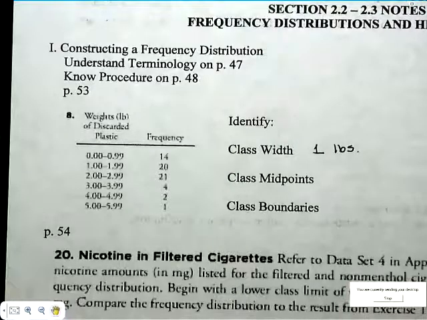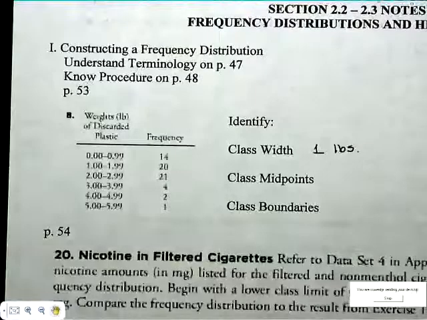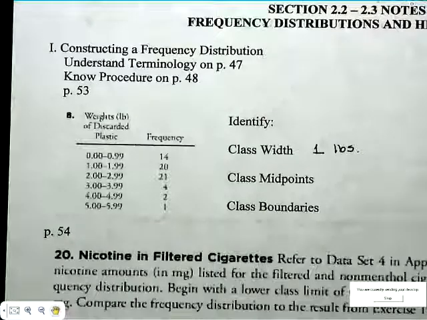Class midpoints, how many classes do I have here? 6, so how many class midpoints? 6, because each class has a midpoint. There's something exactly halfway between 0.00 and 0.99. Something exactly halfway between 1.00 and 1.99. How do you find the class midpoint of this first class? You're looking for smack in the middle, the average, add and divide by 2.